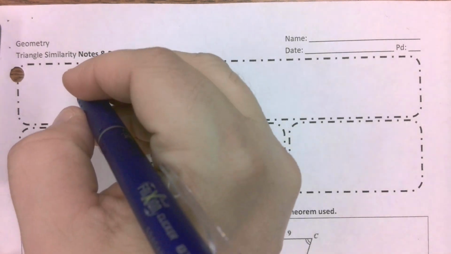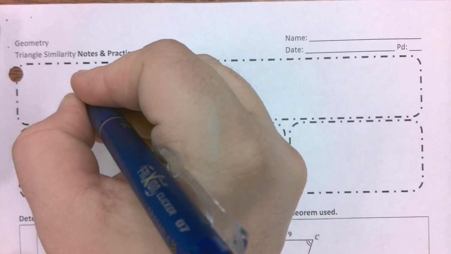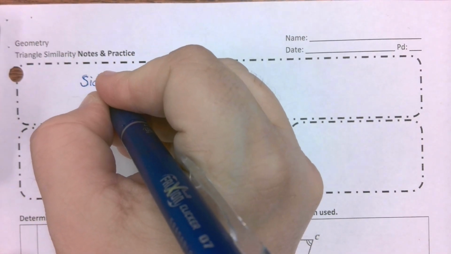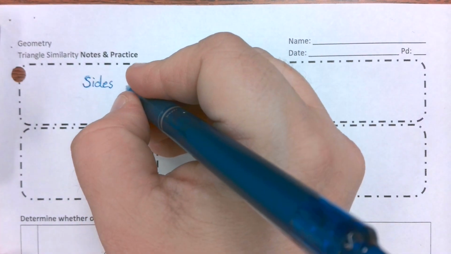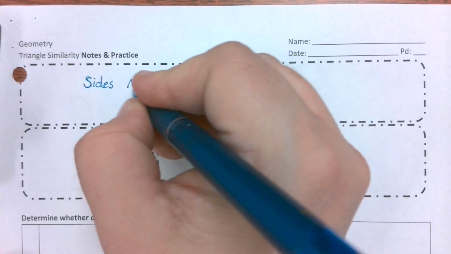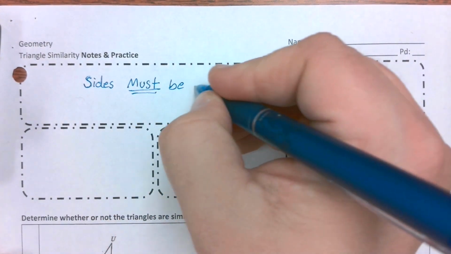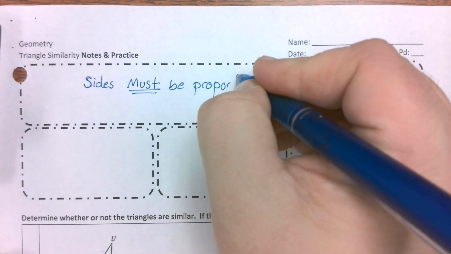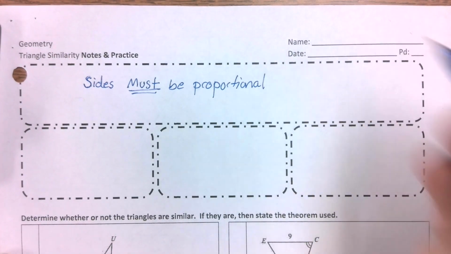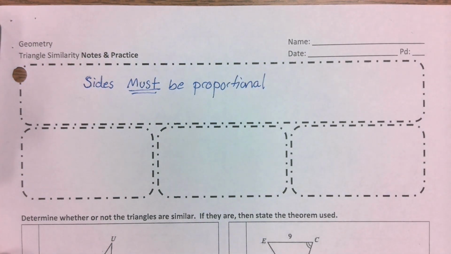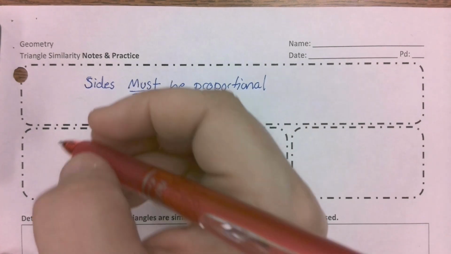First of all, remember that when we're talking about similarity, it means that our sides must be proportional. The sides have to be proportional. That means that the ratios have to be equal to each other.